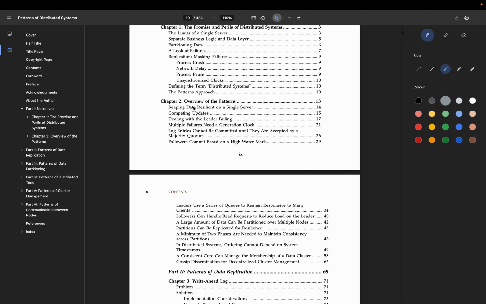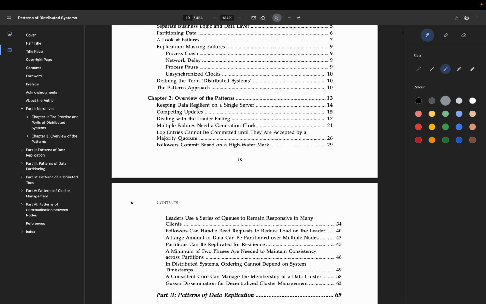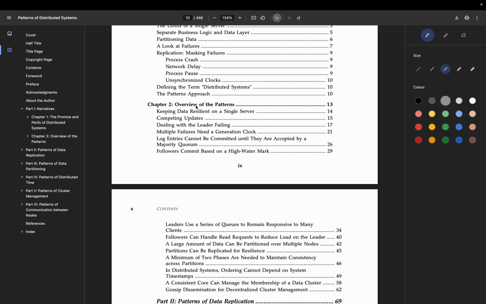Then we'll go through an overview of the patterns, where we'll understand how to keep data resilient on a single server. Then competing updates. Do not worry if you find these keywords not very useful right now, or you're not able to understand them fully. We'll go through them in depth in future videos, so even if you're not understanding fully, that's totally fine. We'll go through them one by one and make sure we understand everything.